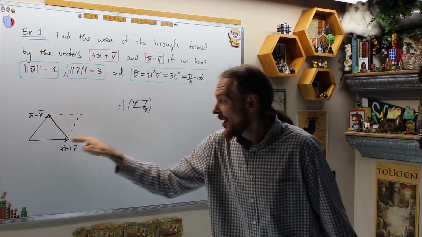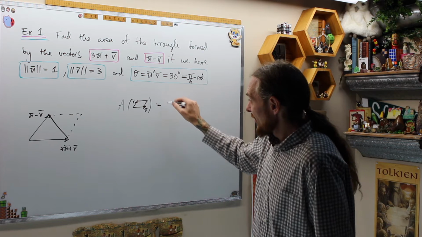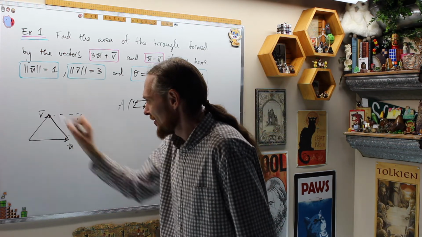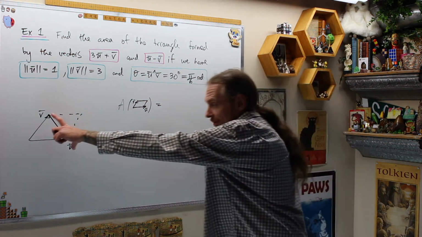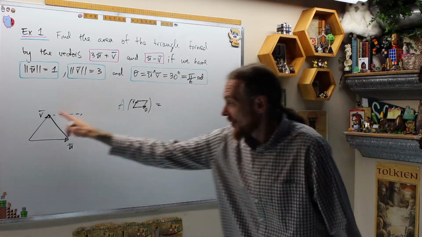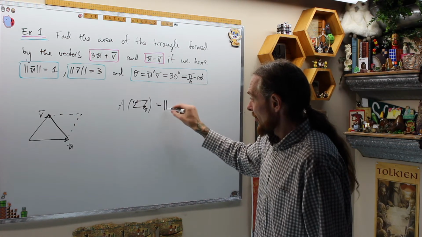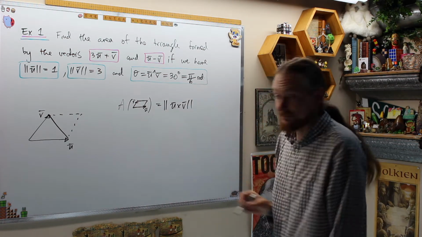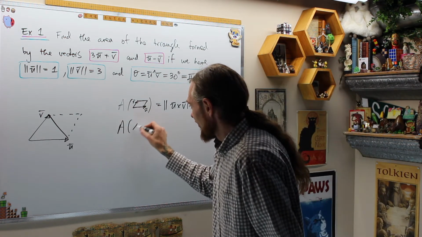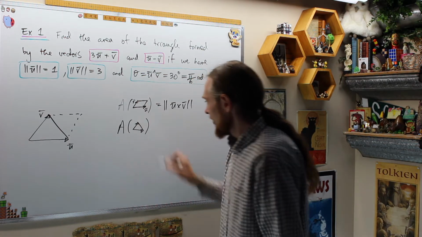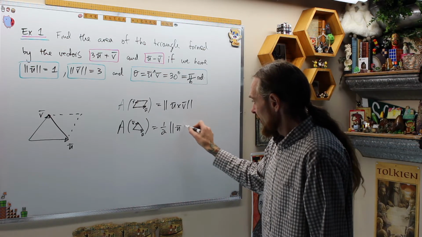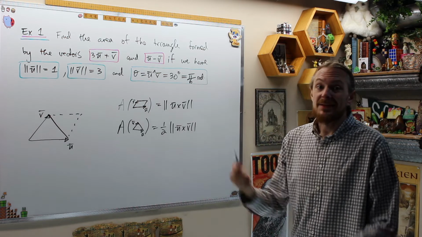If I just have two vectors, whatever they're called, A and B, or U and V, then the area of the entire object is equal to the norm of U cross V. And so the area of the triangle determined by U and V is going to be 1/2 of the norm of U cross V. And that's in general the definition.